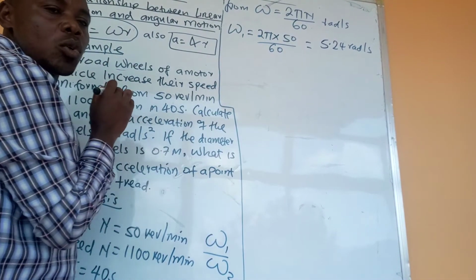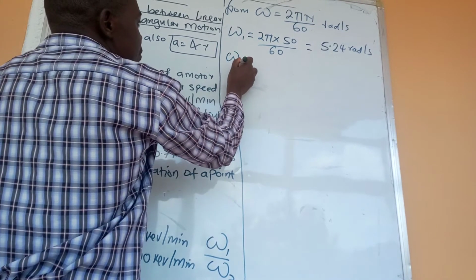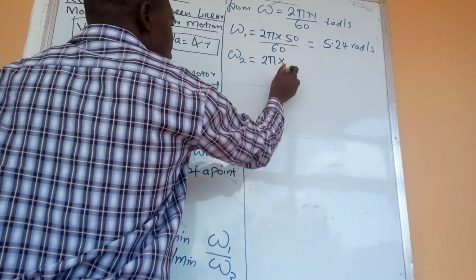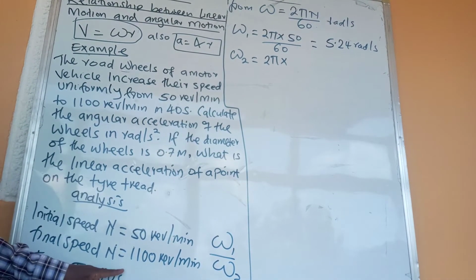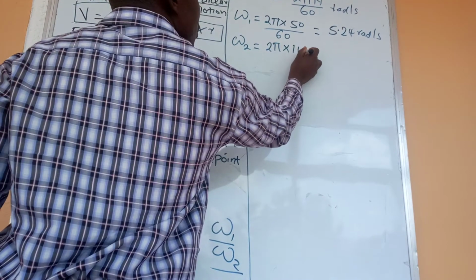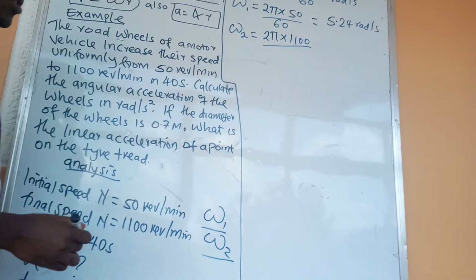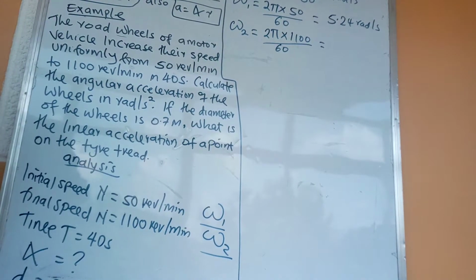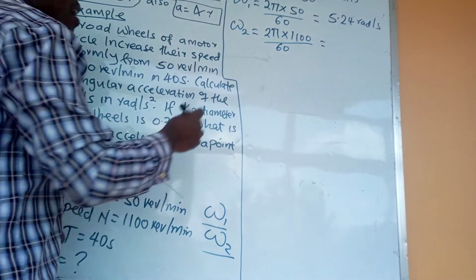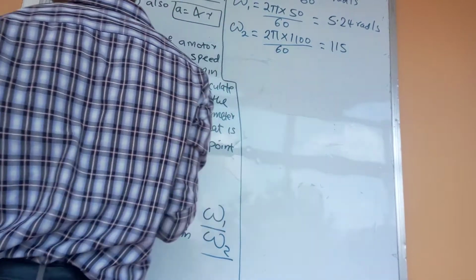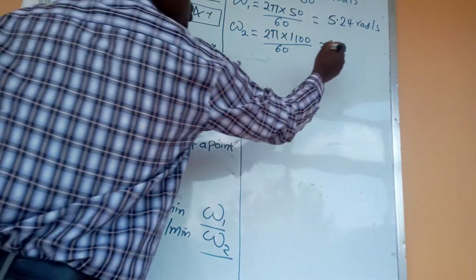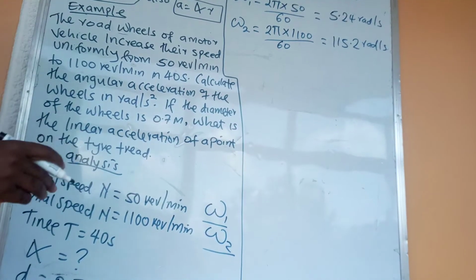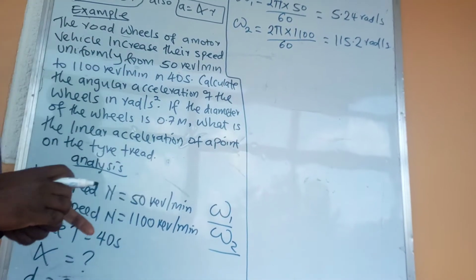Then the final angular velocity omega 2 will be given by 2 pi multiplied by the final speed, 1,100 revolutions per minute, divided by 60, and when you multiply and divide, you will get 115.2 radians per second. You can go ahead and confirm by multiplication.